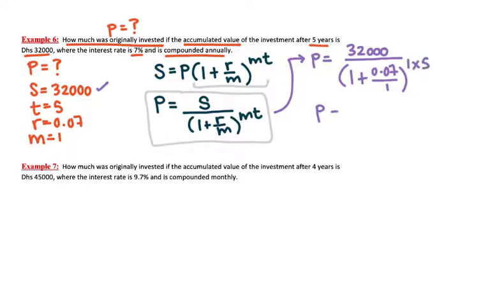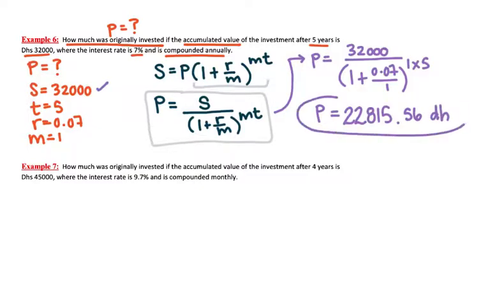We'll plug it into our calculator and see what we get. And we get a present value, a starting investment amount of 22,815. My calculator says 0.557, so I'll say 0.56, rounding to 2 decimal places. And this is dirhams.